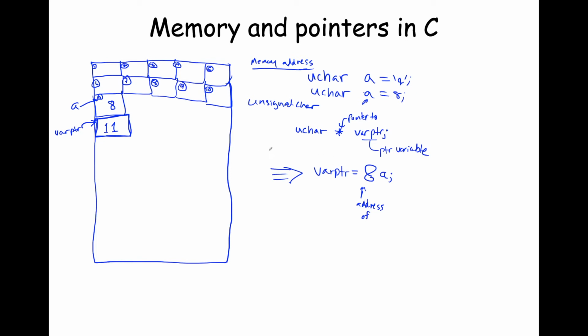Now, one of the beautiful parts about pointers is that you can now use this pointer variable to access memory. And how do I do that? Well, you use what's called arrow notation. I say var pointer dereference, that's our arrow notation.